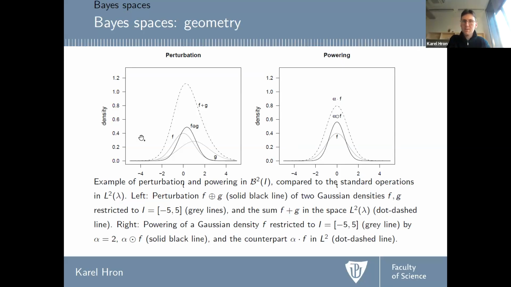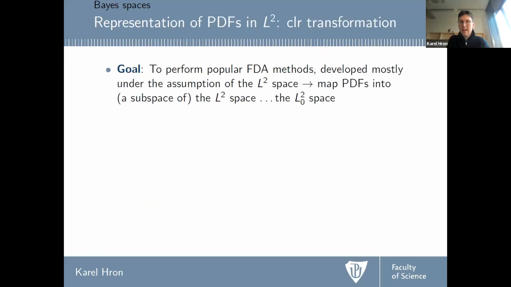Consequently, perturbation and powering together with the inner product, which we also call the Bayes inner product, form together the Hilbert space structure of the Bayes space. And we can then also proceed to some isometric isomorphism with the L2 space.